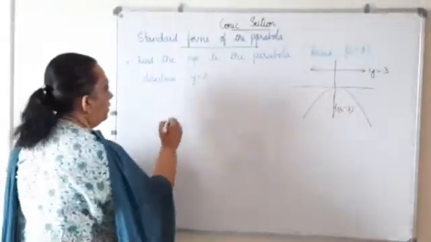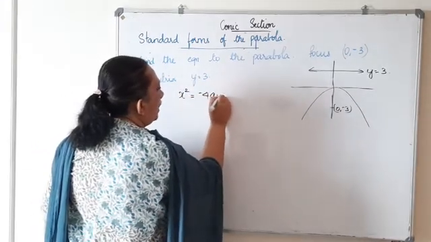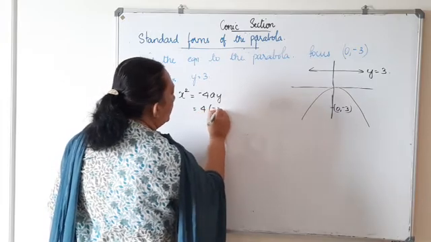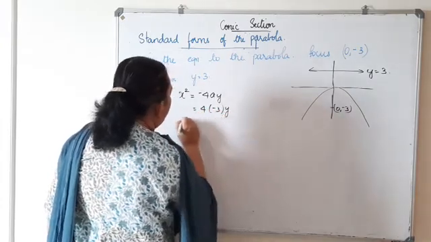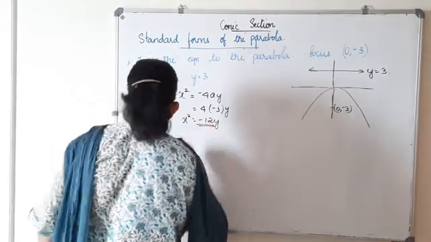So what is the standard form? x squared is equal to minus 4ay. It is equal to 4 into minus 3 into y. That is x squared is equal to minus 12y.